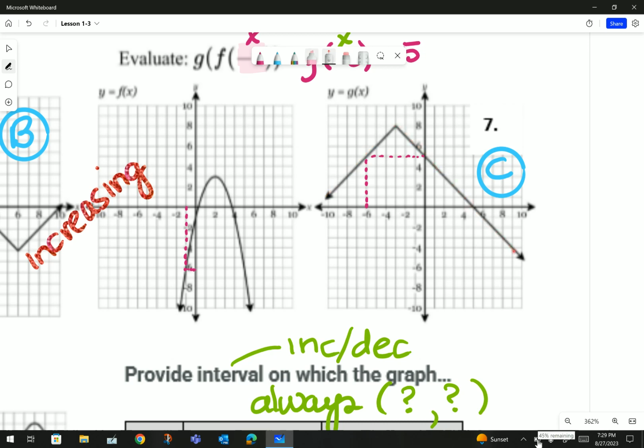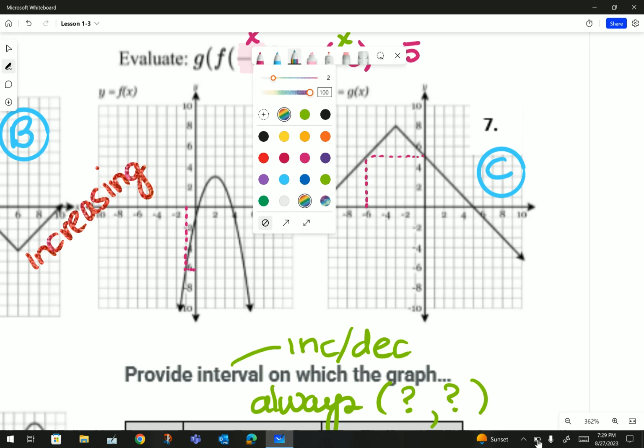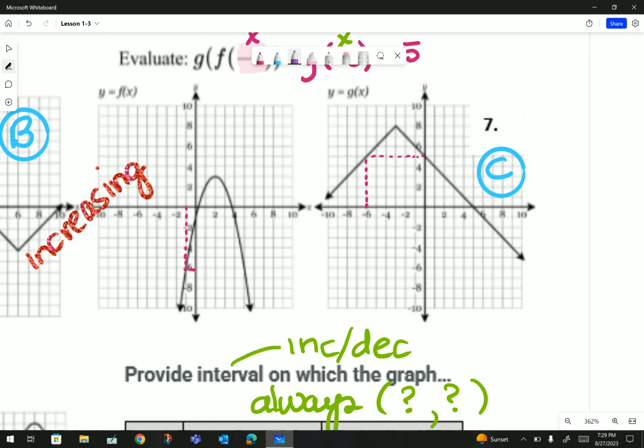So what exactly happened? Well, let's choose another pen color. Let's try purple. So first, the graph started to go up in its y values. Up, up, up. The y values increased. Then after that vertex value, the graph started to decrease.